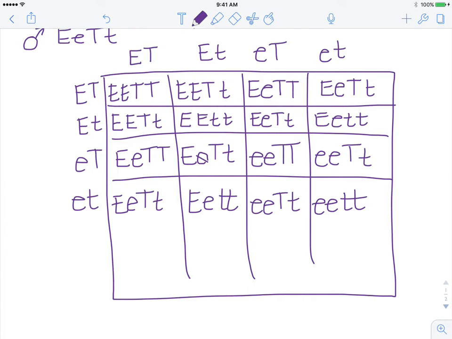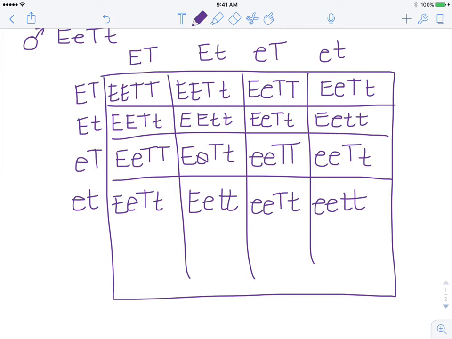So that is how you work the mechanics of doing a dihybrid cross. You may be asked to look at the phenotypes too, and you'll notice that some of these genotypes actually do give you the same phenotype. So let's go through and take a look at the different possible phenotypes that you could get with this.